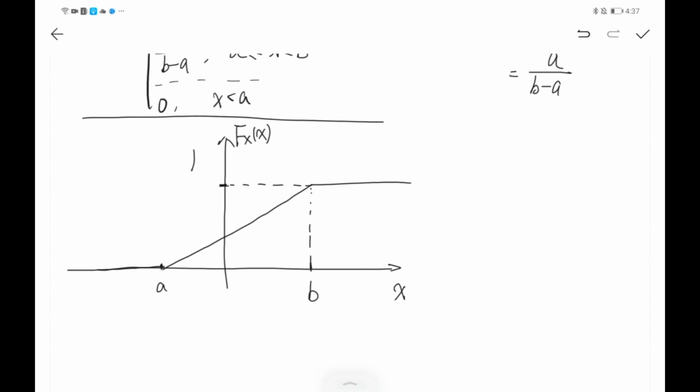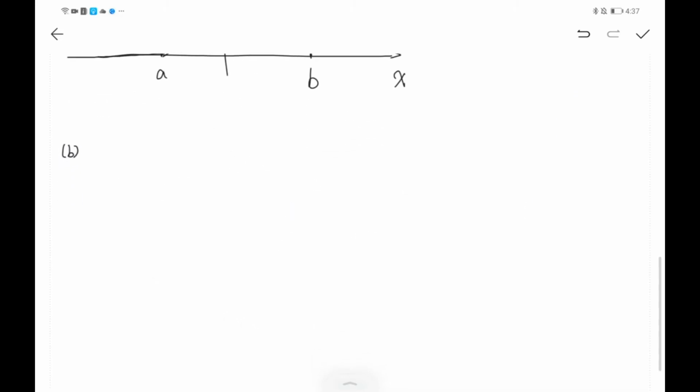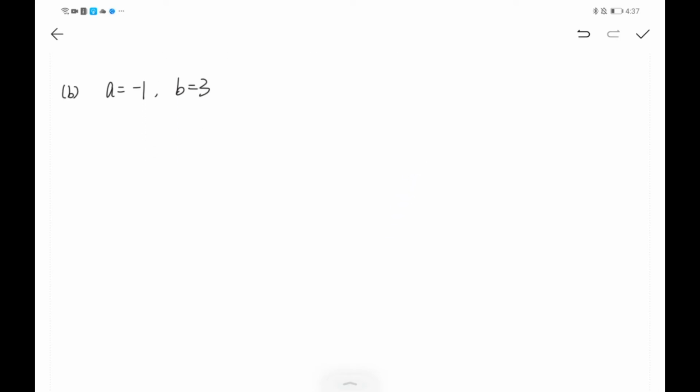And problem 2, problem B. Given a equals minus 1, b equals 3. Find and draw the density function of y and the distribution function of y.